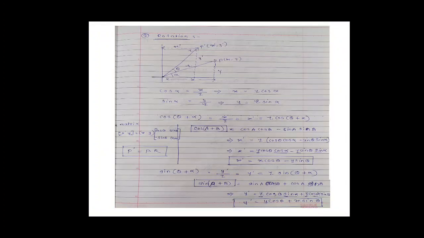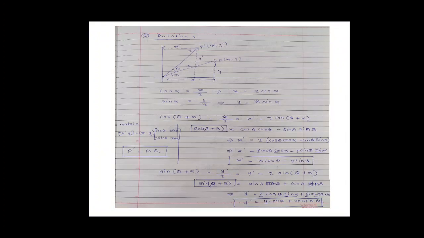So cos alpha and sin alpha: the values of x and y are x equals r cos alpha and y equals r sin alpha. Applying the formulas for cos of a plus b and sin of a plus b, we get x dash equals x cos theta minus y sin theta, and y dash equals y cos theta plus x sin theta.